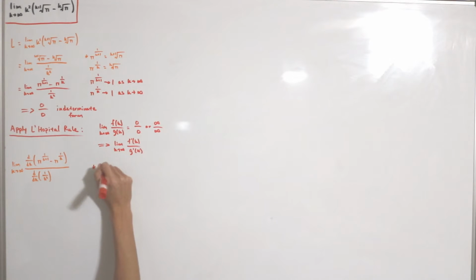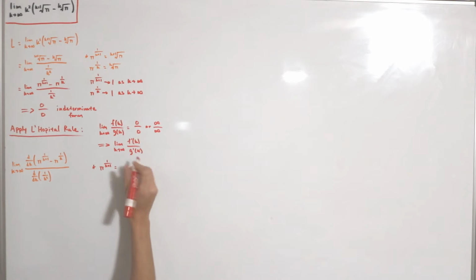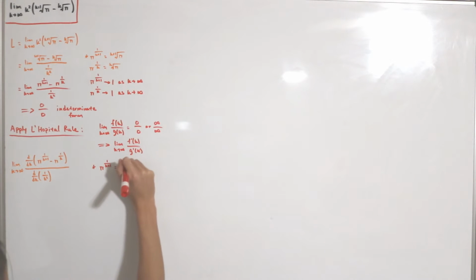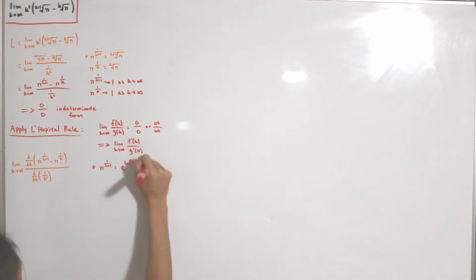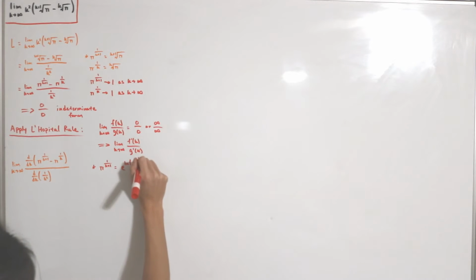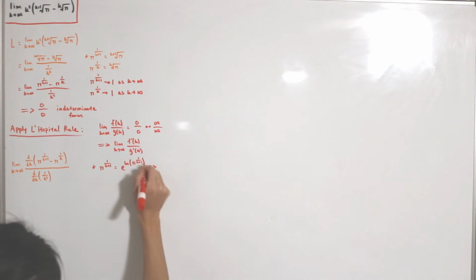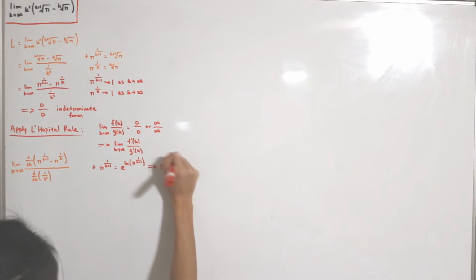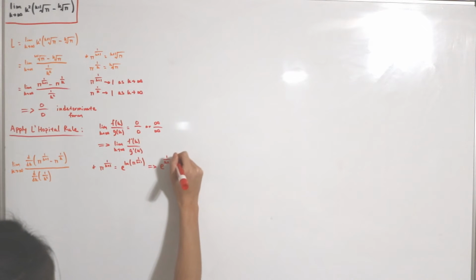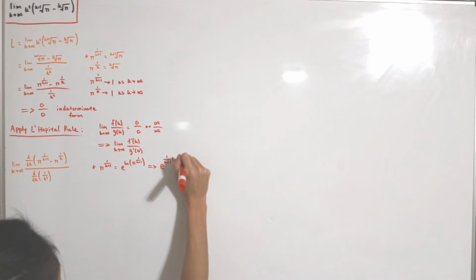Pi to the power 1 over k plus 1 is equal to e to the power of the natural log of pi to the power 1 over k plus 1. Since 1 over k plus 1 is an exponent, I can move that out to the front. So really this is e to the power 1 over k plus 1 multiplied by ln of pi.